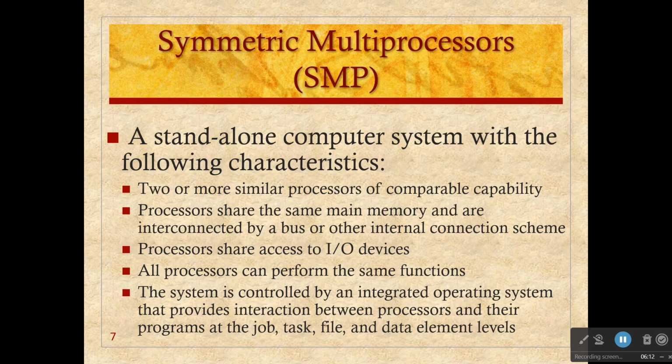Point 5 illustrates one of the contrasts with a loosely coupled multiprocessing system, such as a cluster. In the latter, the physical unit of interaction is usually a message or complete file. In an SMP, individual data elements can constitute the level of interaction, and there can be a higher degree of cooperation between processes.